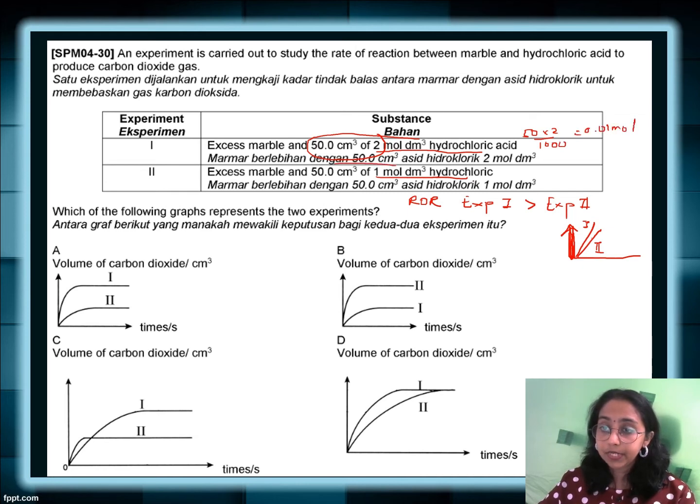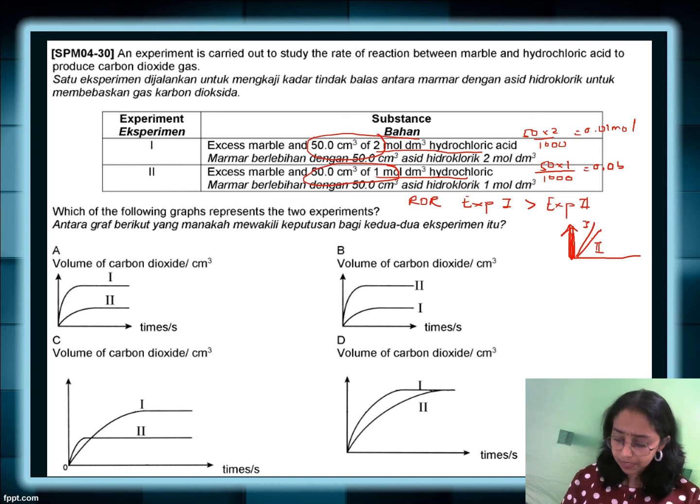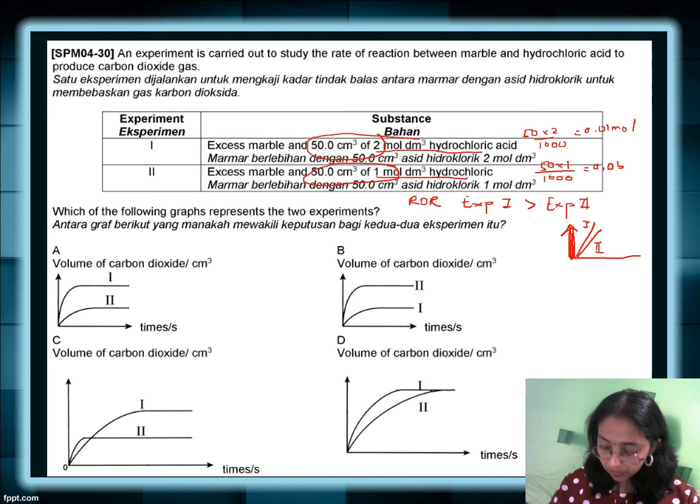And here 50 times 1 divided by 1000, so you're getting 0.05. Please press your calculator. 50 divided by 1000, you get about 0.05 mole.